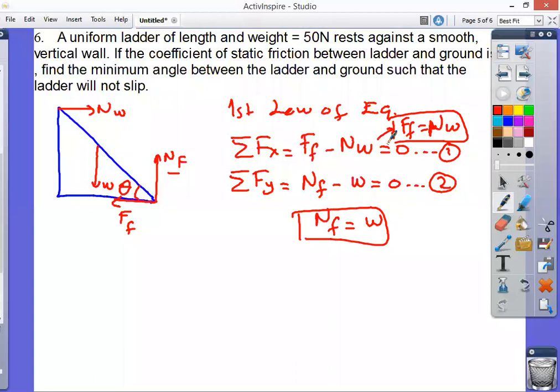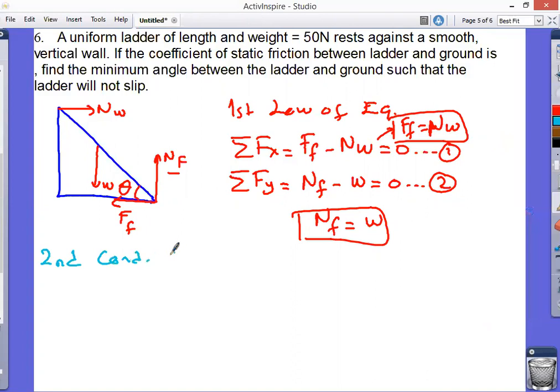So let's apply the second condition of equilibrium. What does the second condition of equilibrium tell us? It tells us that the total torque must be zero, right? So let's first find the clockwise torque.